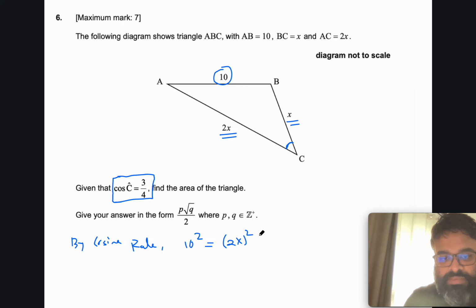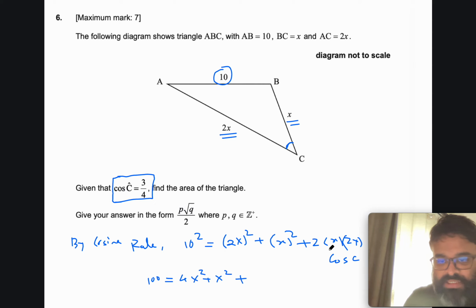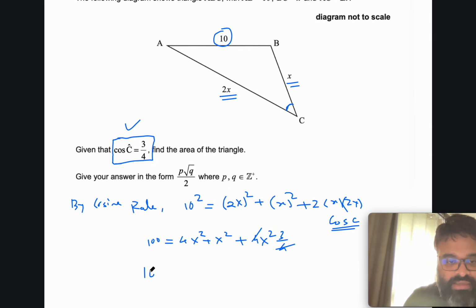So it is 2x square plus x square plus 2 times x times 2x cos C. So 100 is equal to 4x square plus x square plus 2 times x times 2x, which is 4x square again, and you know the cos C value is 3/4. So 3/4, this 4 will cancel out, and you get 100 is equal to 4x square plus x square, 5x square. This is, I think, 6x square.